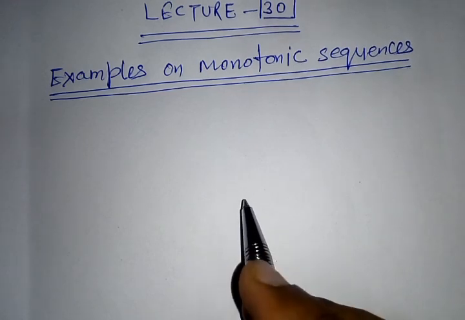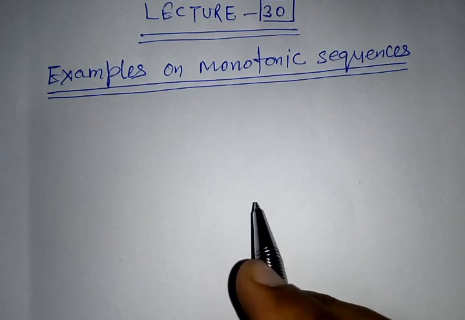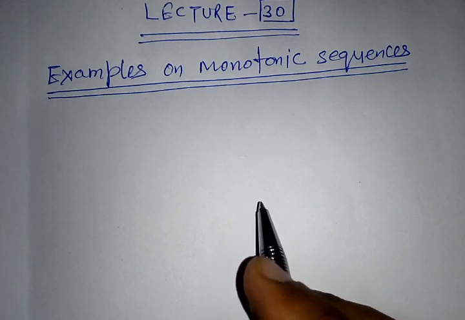Also we have proved that if sequence is monotonically increasing sequence and it is bounded above, then sequence converges to supremum, and if sequence is monotonically decreasing sequence which is bounded below, then sequence converges to its infimum.